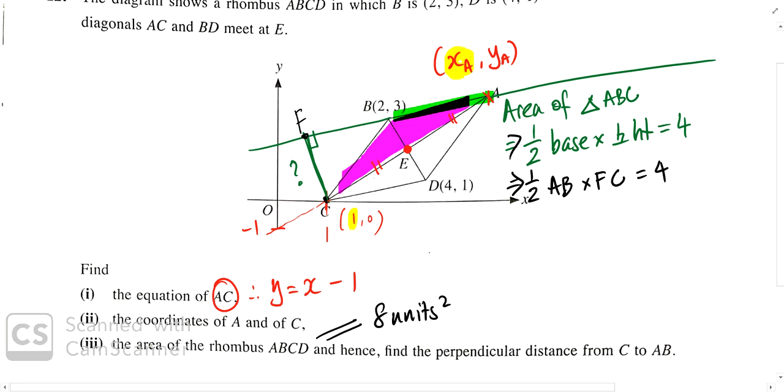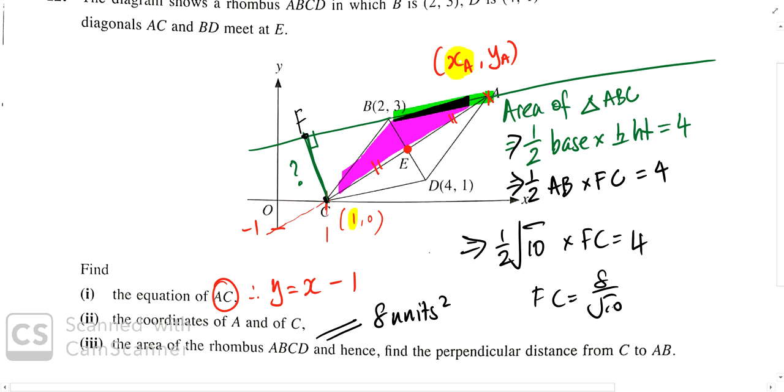Okay? Therefore, half AB, the length of AB, how much is that? Square root 10. You all figured it out already, times FC equals 4. FC equals 8 over square root 10. Can we leave it like that? Cannot. Okay, what do you want to change it to become?